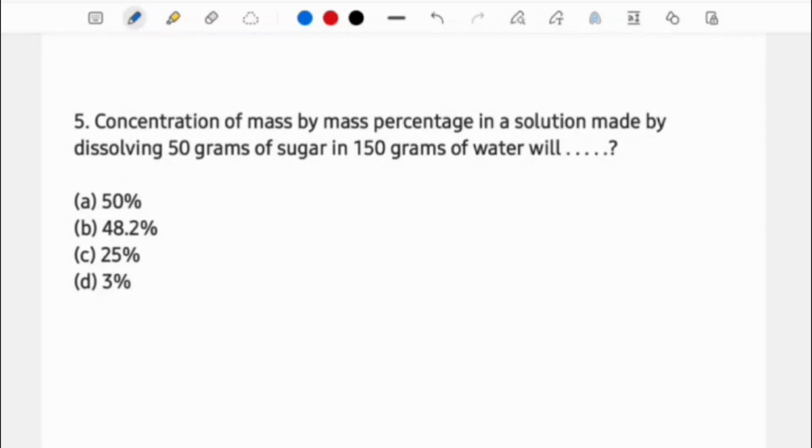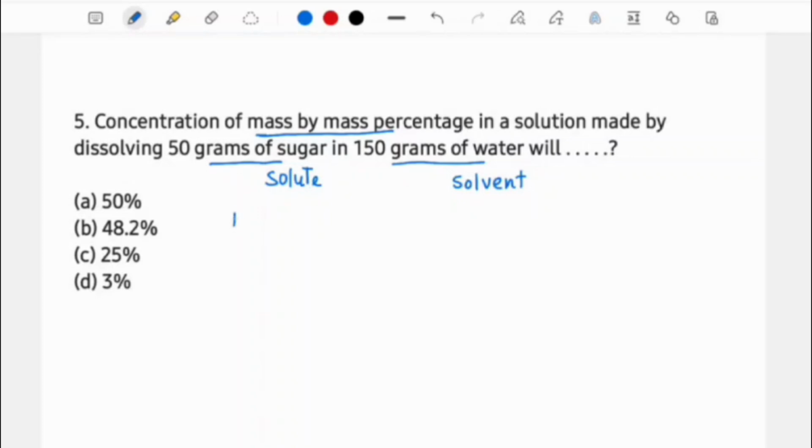Okay, question is concentration of mass by mass percentage in a solution made by dissolving 50 grams of sugar in 150 grams of water will be. See, the water acts as the solvent and the sugar acts as the solute.